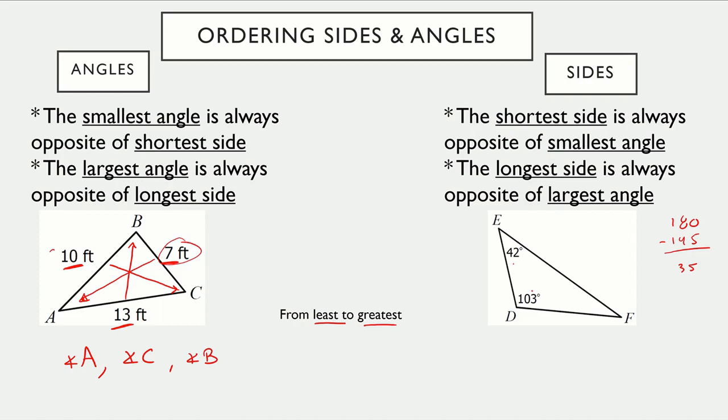Sorry, so 35 is the measurement of this third angle here. Now I compare all three angles. Here's my smallest angle, which means that's going to be my smallest side, so we can say side ED. Then here is the one in the middle, so we can say side DF, and the largest side is going to be here, so it's going to be EF.